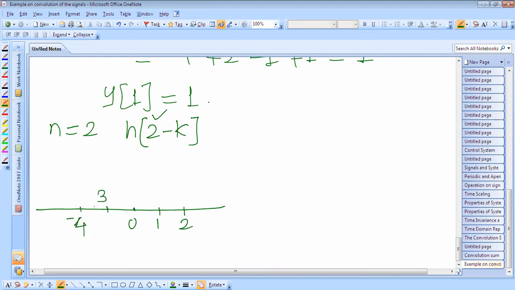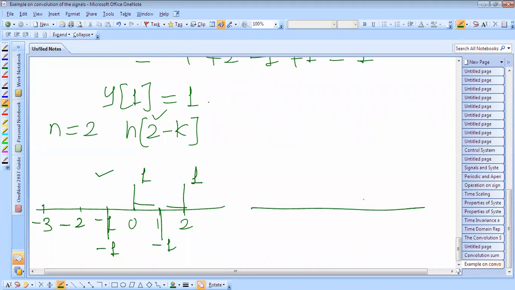Sorry, on the negative side, -1, -2, -3. So we have shifted the impulse response toward the right by 2 units. Okay, so at 2 it is 1. At +1 it is -1. Again this is 1 and this is -1. The impulse response is the same, but we are shifting toward the right by 2 units. This is 1 unit, this is 2 units.